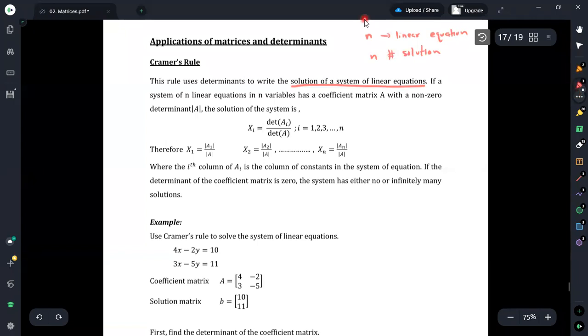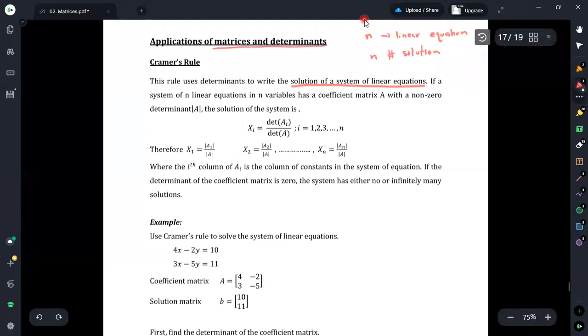If you have n variables, there should be at least n linear equations, and there should be n solutions. To find these solutions for a system of linear equations, we can apply the concepts of matrices and determinants.